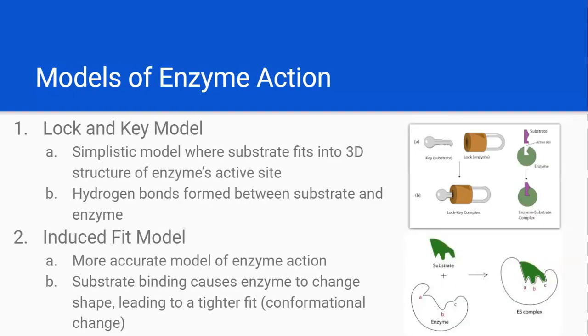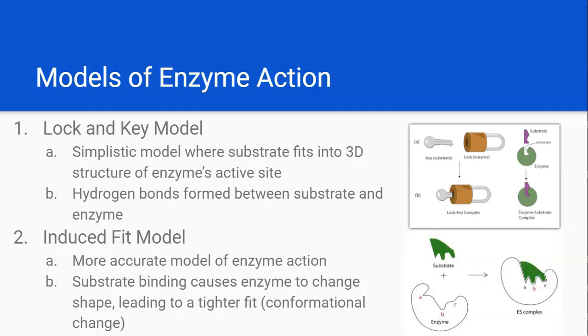We did learn about two ways in which an enzyme and a substrate can come together. So there was always that traditional model of lock and key, which is kind of very, very rigid and simplistic, where it was an exact fit. And then when they came together, hydrogen bonds would be formed, kind of fitting that key that is the substrate into the lock that is the enzyme.